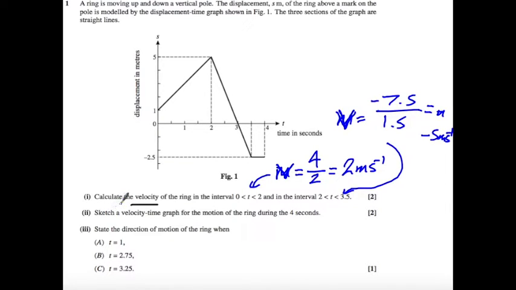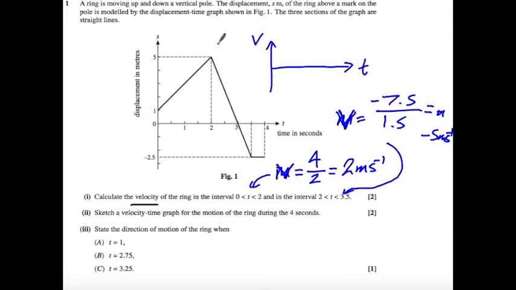Right, so we've got the displacement, so we've got to think how a velocity time graph will relate to the displacement. So essentially, we just need to plot the velocity for those different times. 2 of them we worked out, and we've got to have a think about the last part. So here's velocity, here's time.